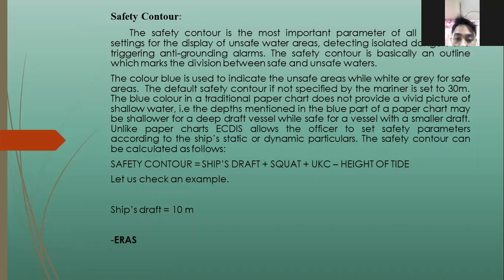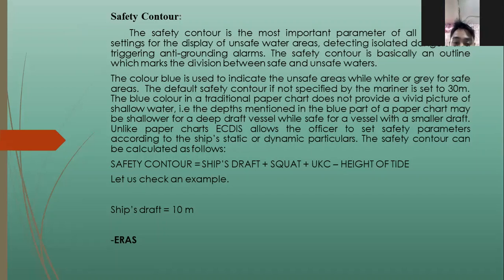The blue color in a traditional paper chart does not provide a vivid picture of the shallow water. So the depth mentioned in the blue part of a paper chart might be shallow for a deep draft vessel, while safe for a vessel with a smaller draft.